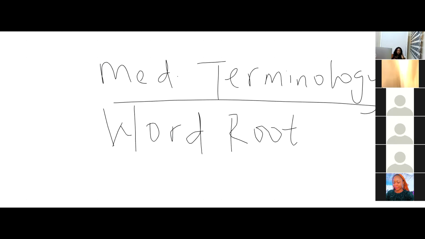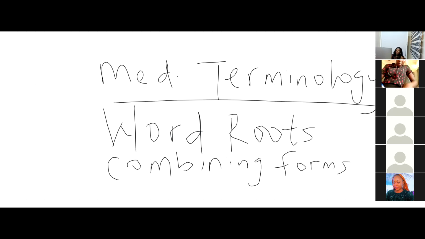We will also be learning combining forms. Then we'll also be learning suffixes and prefixes.